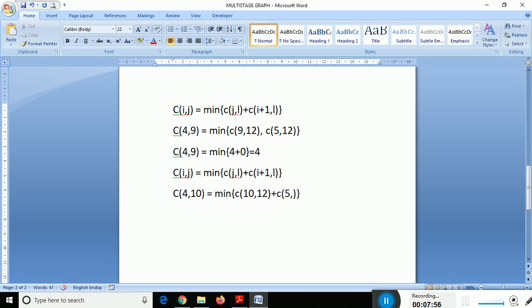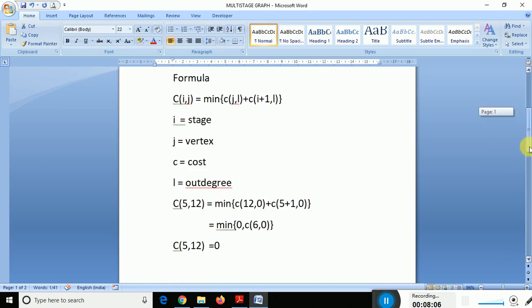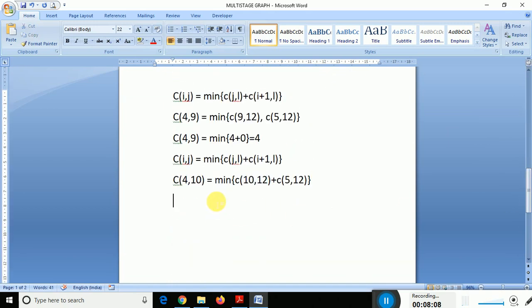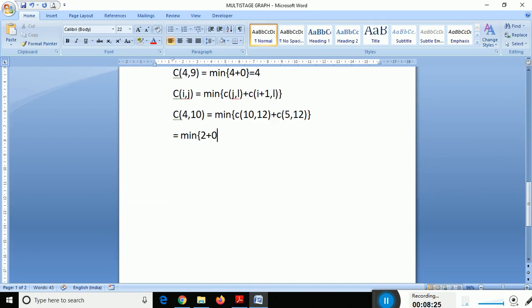Out degree is 12. So the cost of 10 comma 12 is 2. So what we have done is cost of 10 comma 12, which is 2, plus 5 comma 12, that is the previous stage. What is the answer? 5 comma 12 is 0. So we get the answer as 2.